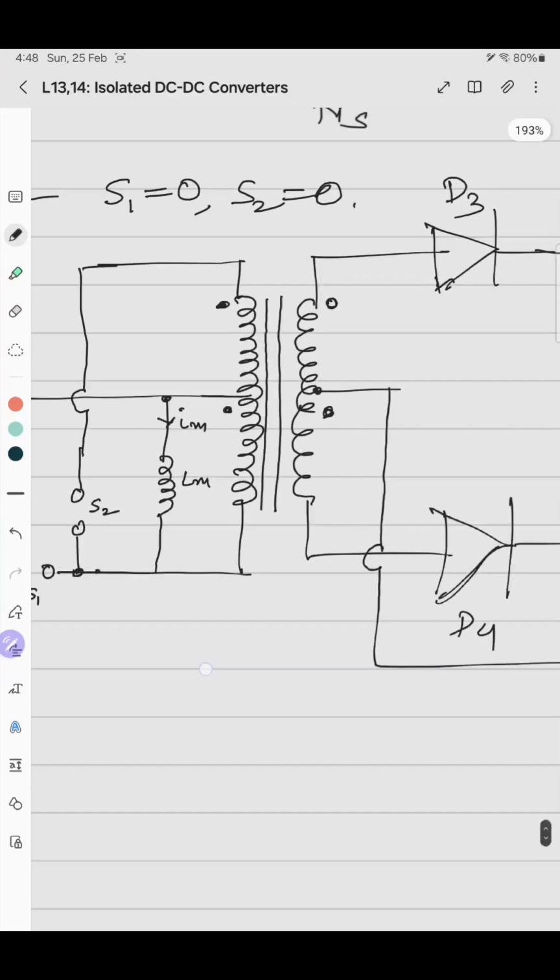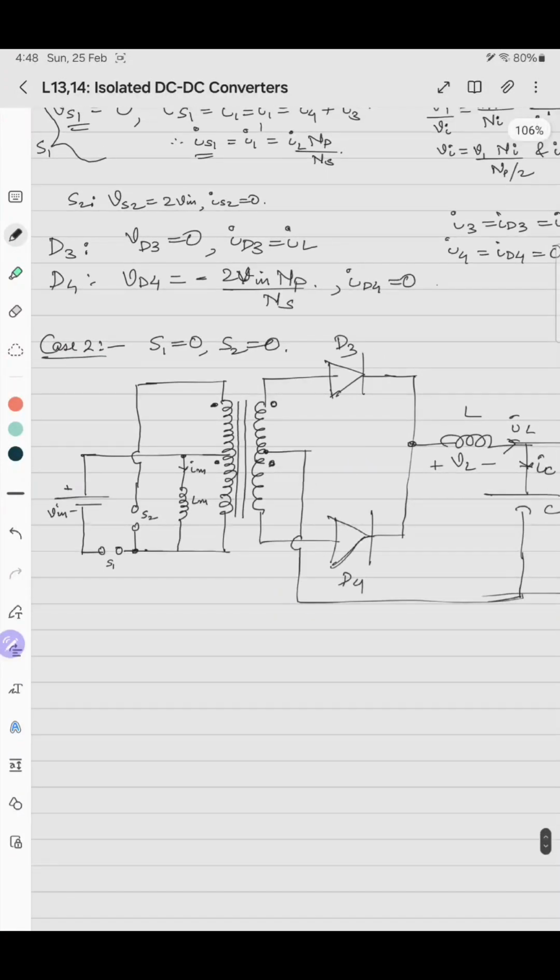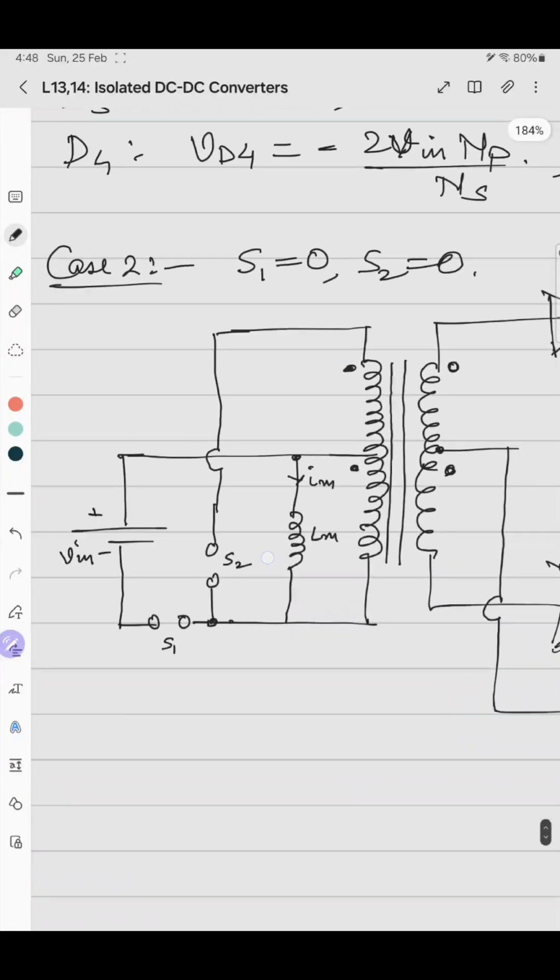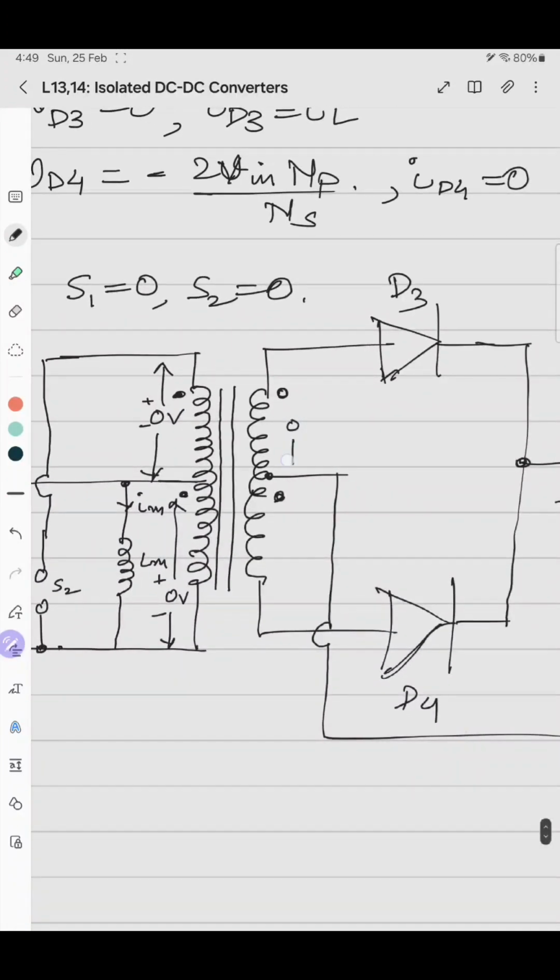So in the circuit configuration, as both the switches are turned off, no voltage is induced across the primary. There is no voltage across the primary. So basically this voltage becomes 0 volt with this polarity, and similarly this is again 0 and this is 0.